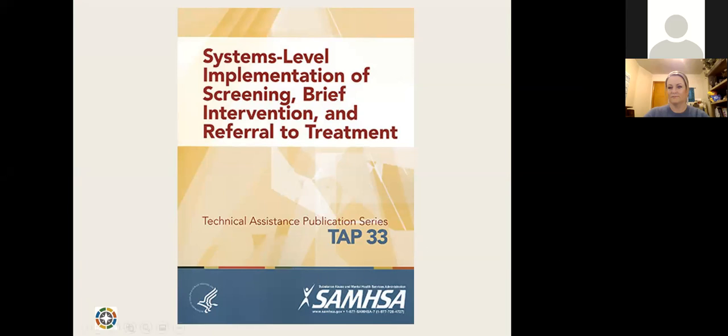There have been several cohorts over the past decade or so that have been given sizable grants around implementation of SBIRT, and they've taken a lot of that information back from those grantees and compiled it into one really nice publication. So I would recommend, and again, this might be something that coalitions get copies of. A lot of times it's not in print because SAMHSA is not printing all the documents that they used to, but it is always available for digital download.